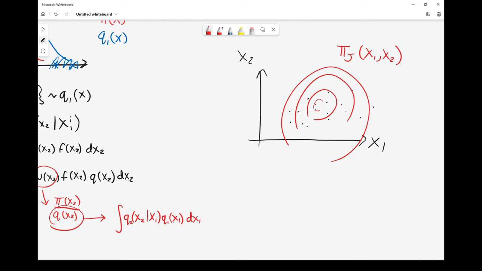So we're going to imagine that if you integrated this joint distribution over x1, then we're going to be left with our original target, x2. Okay, so how does this help?